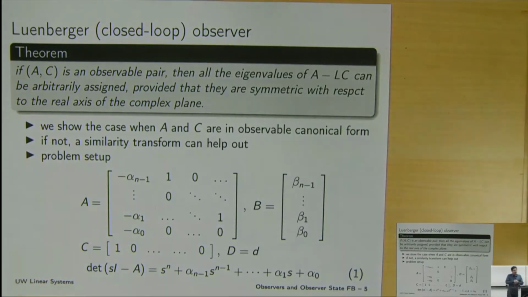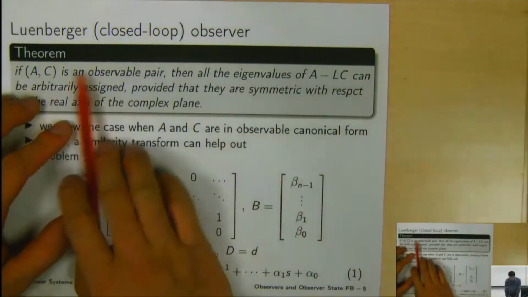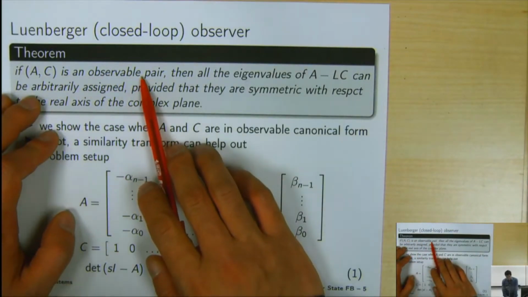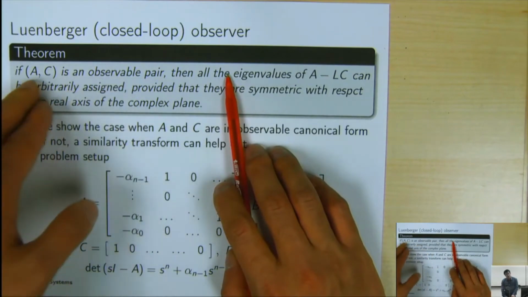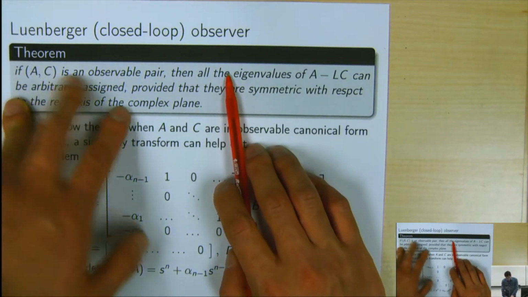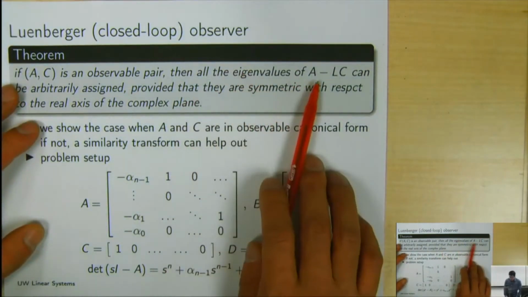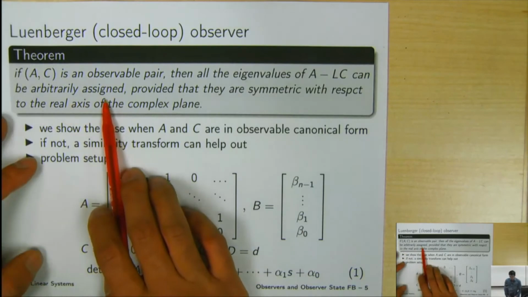So let's take a look at the core result. Similar to the state feedback gain design, we have the following fact. If A, C is observable, if the observability matrix constructed with A and C is non-singular, then all the eigenvalues of A minus LC can be arbitrarily assigned.